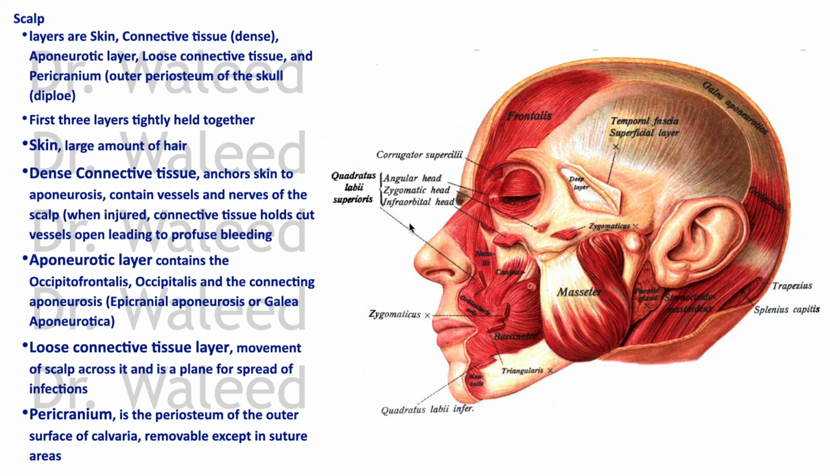The aponeurotic layer, we mentioned the large aponeurosis connecting the frontalis with the occipitalis. Okay, and we've studied even the nerve supply of the muscles, here by the temporal branch, here by the posterior auricular branch. It's a tendon of a muscle, but let me tell you something.